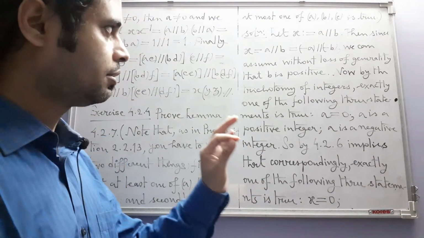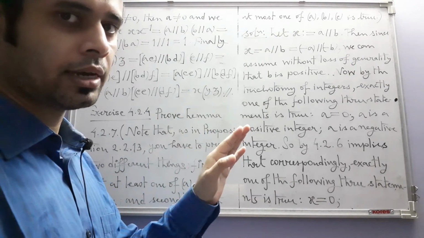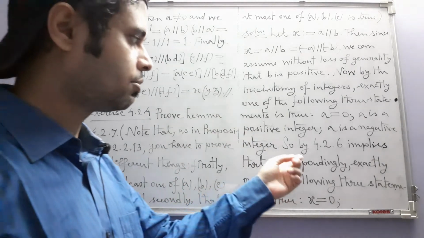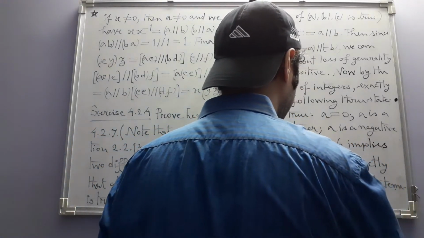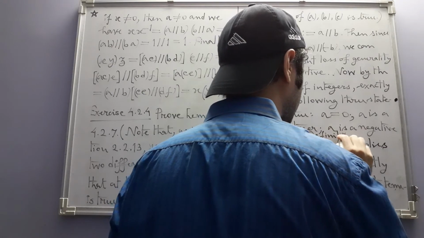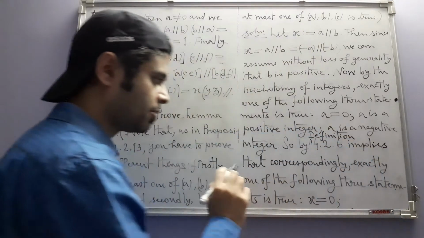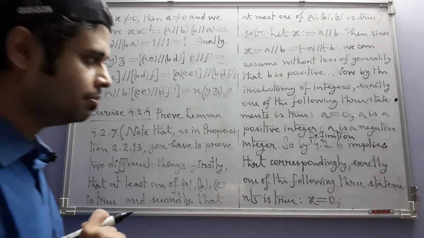For that, there must be integers a and b such that a and b are both positive. I forgot to write definition. You can go to definition 4.2.6 and see what positivity of a rational number means.